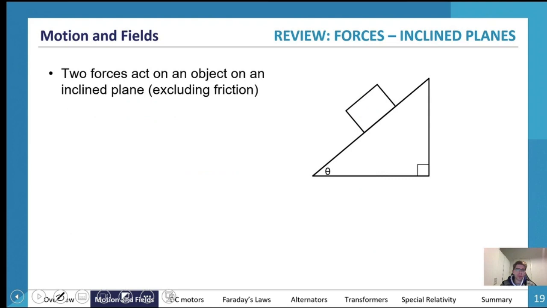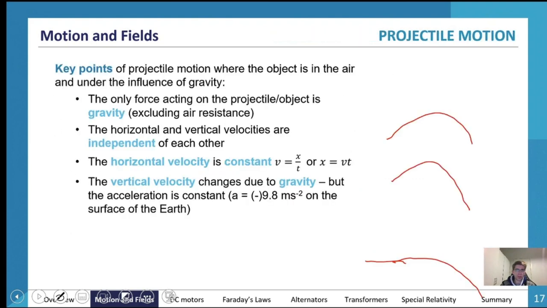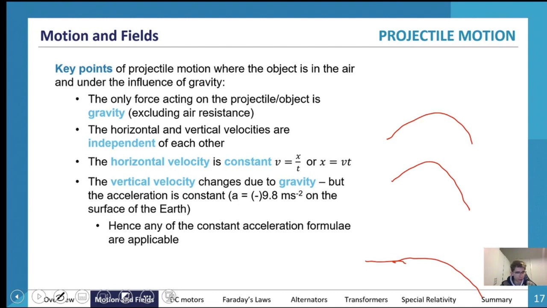When it comes to friction, one thing which I forgot to mention is that for projectile motion, we will assume air resistance is equal to 0.